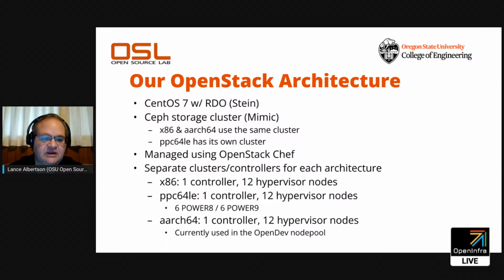We have one cluster for the x86 and ARM systems, and then one dedicated to the PowerPC, since we got it directly donated from IBM for that. Between those two clusters, the raw data storage capacity is about 200 terabytes on each of those. And we're continuing to upgrade those as we can.